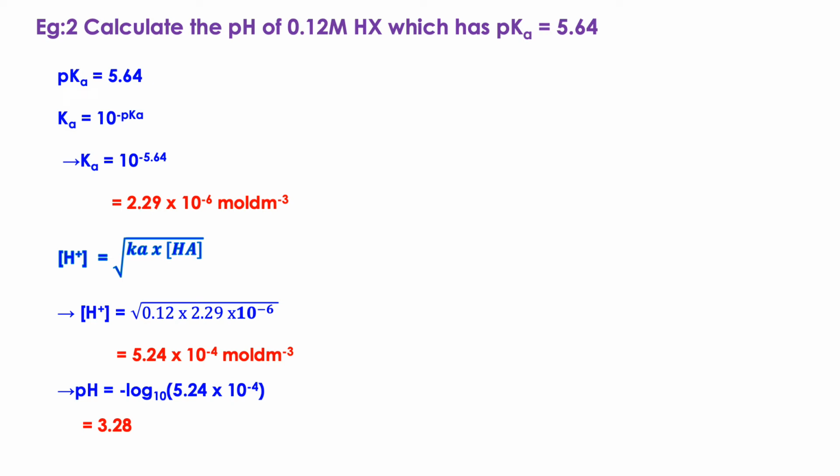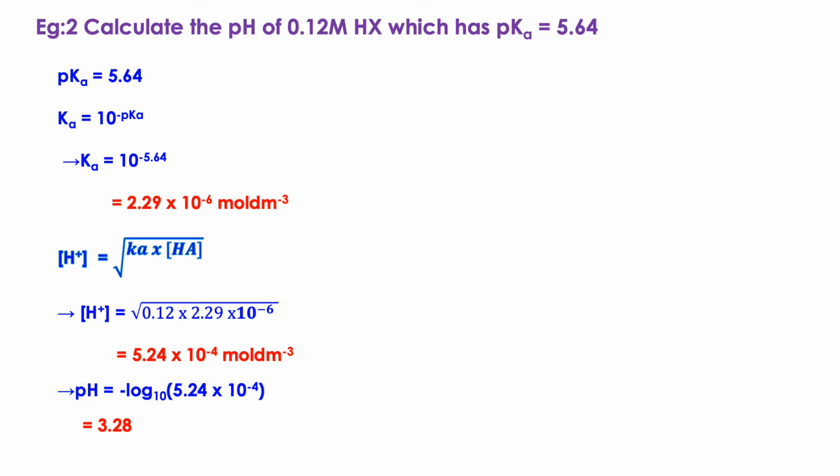Using the formula Ka is equal to 10 to the power minus pKa, substituting the value of pKa in the formula, we get Ka is equal to 2.29 into 10 to the power minus 6 moles per decimeter cube. To find the concentration of H plus ion, we know HX is a weak acid because it has a low Ka.